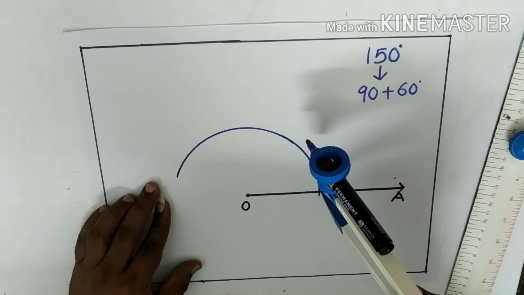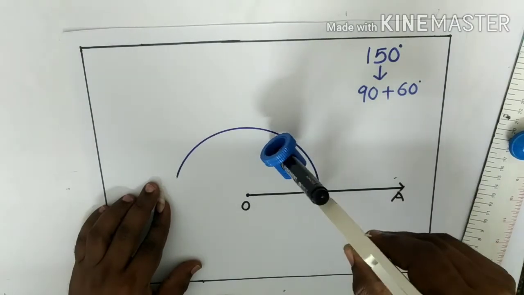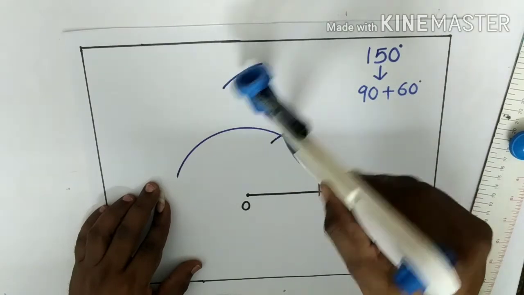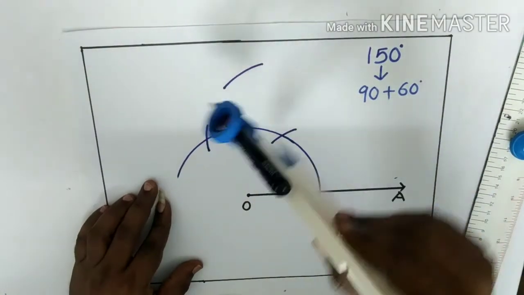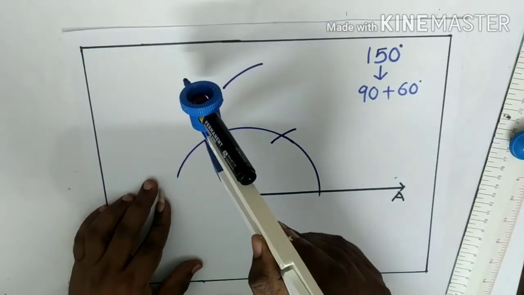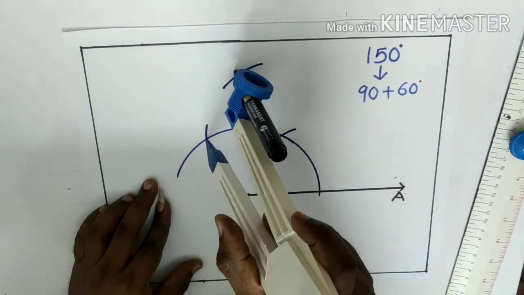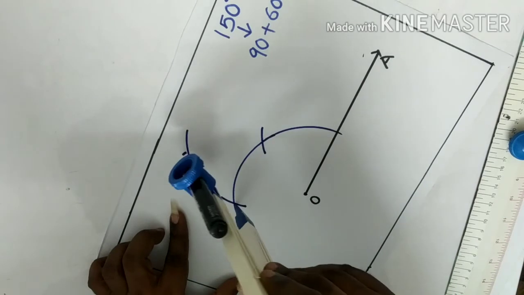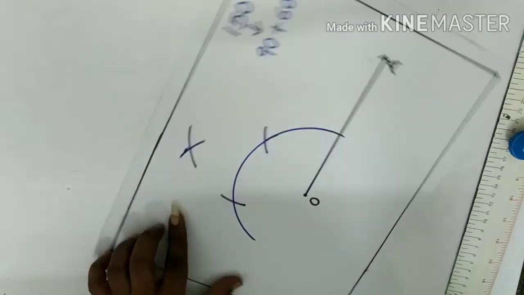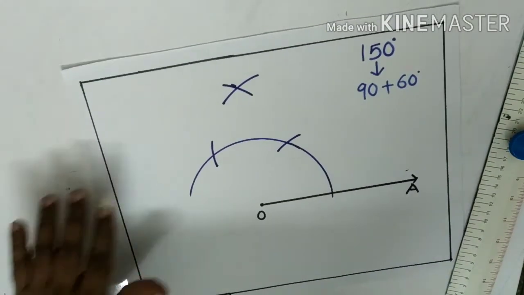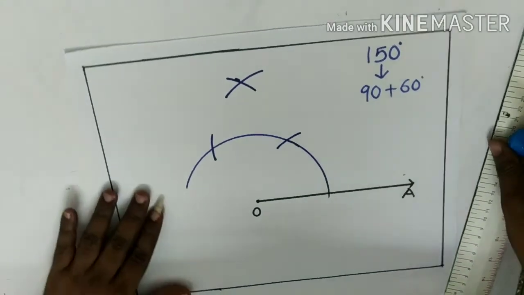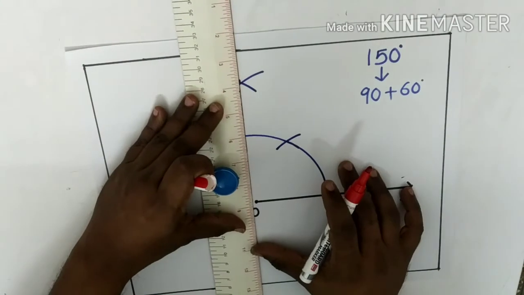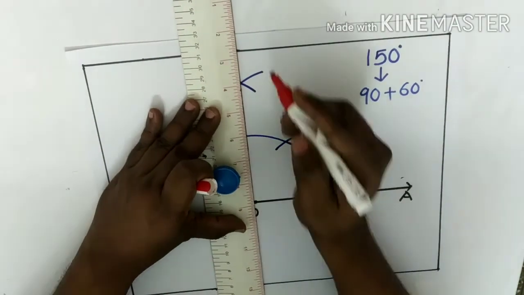Now from here one arc, from here above one arc, and here one arc, and here one arc. Now I am joining these two, and this is the 90 degrees line, where we want the 150 degrees line.